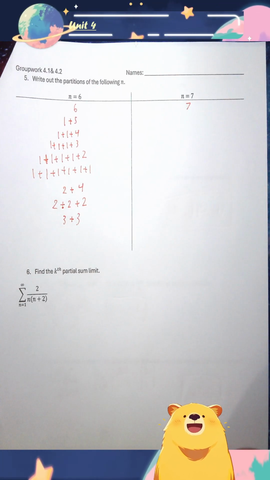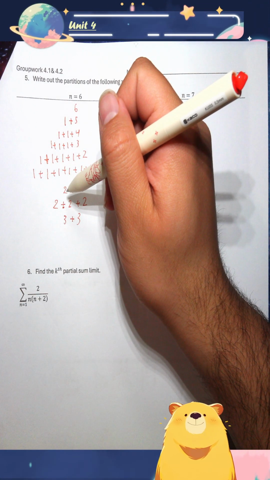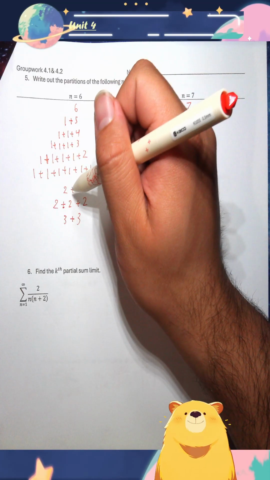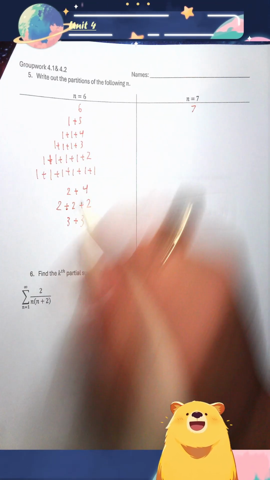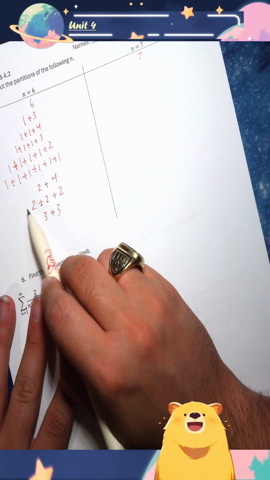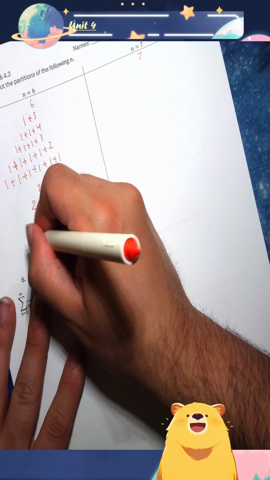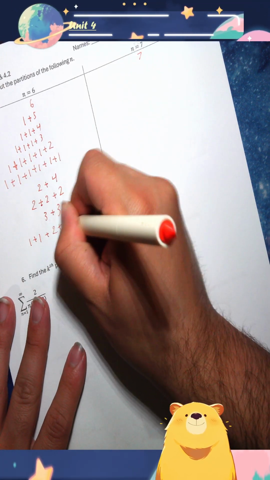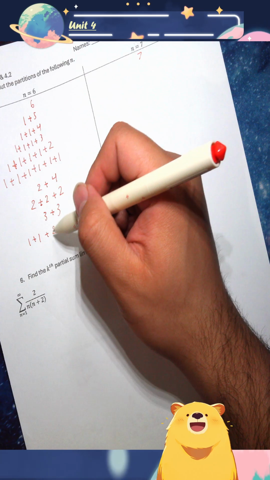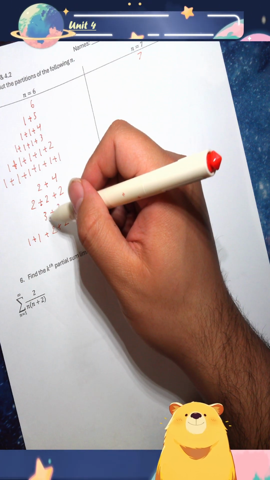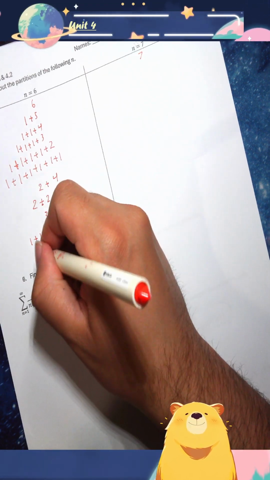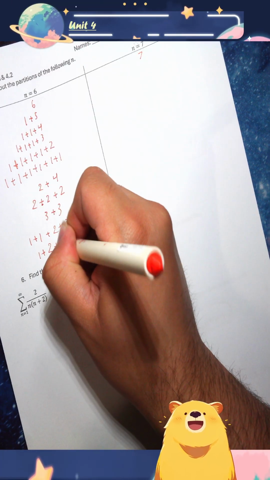Oh, that's right. Technically, I forgot about turning these into 1 plus 1s, so that's on me. So we know we could turn this into 1 plus 1. Here we could turn one of those into 1 plus 1. And here we could turn that into not all 1 plus 1s, but definitely 1 plus 2 plus 3.